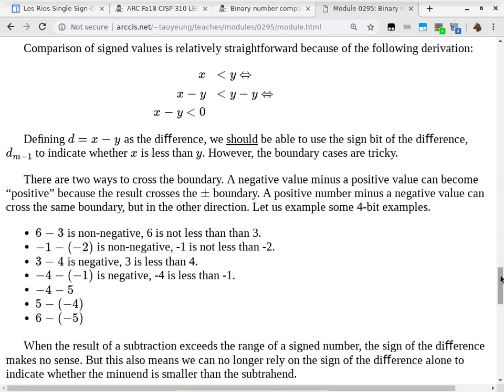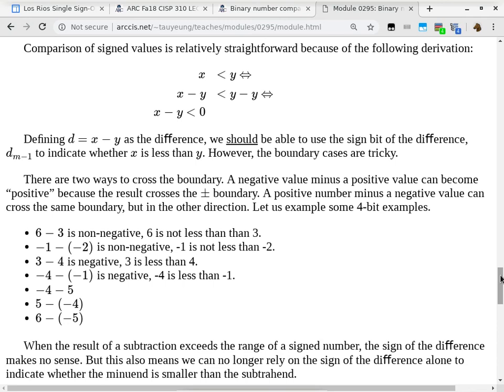So the outcome is x is less than y if and only if the difference between x and y is less than 0. Is that making any sense? It should make sense, right? If x minus y, which is the difference, is less than 0, don't we have something that indicates this thing is negative in a signed representation? What was that called again?